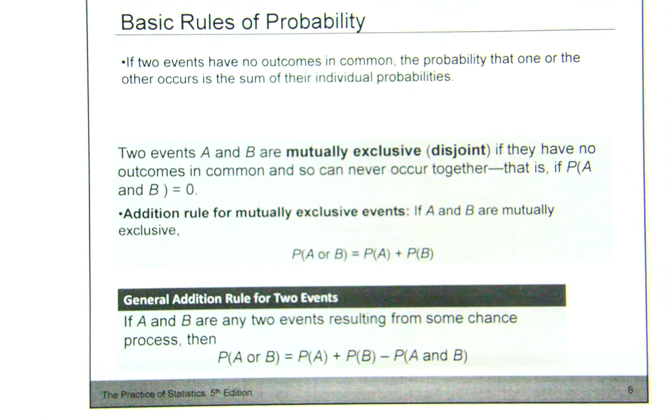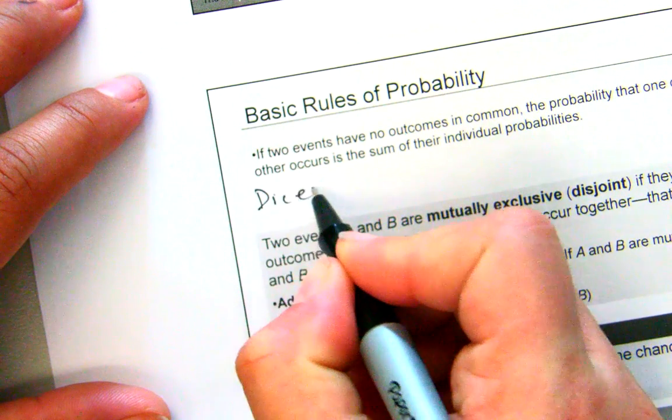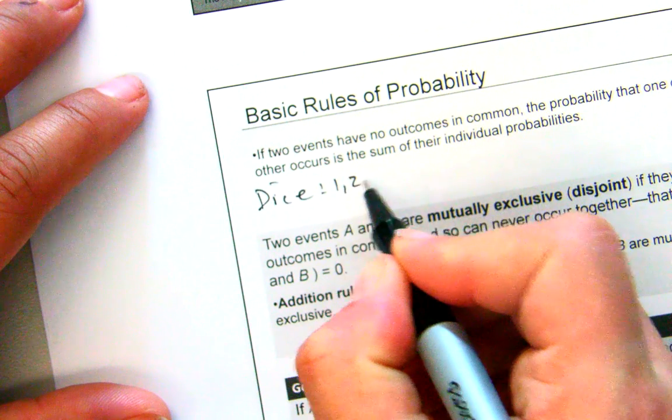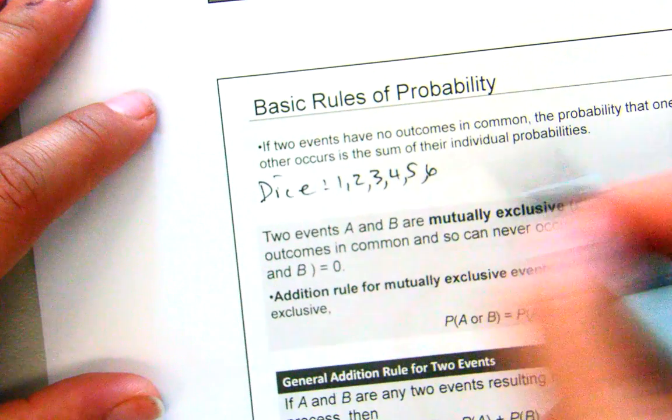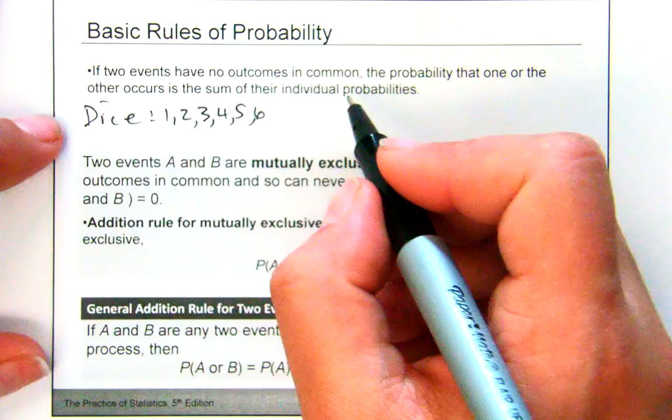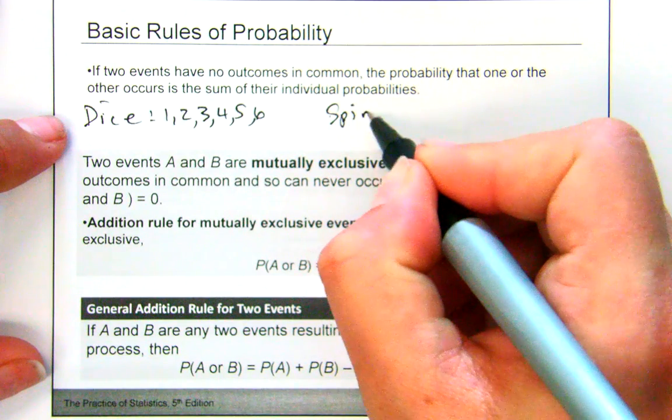Let's say you have a dice, with 1, 2, 3, 4, 5, 6 available, and then you also have a spinner.